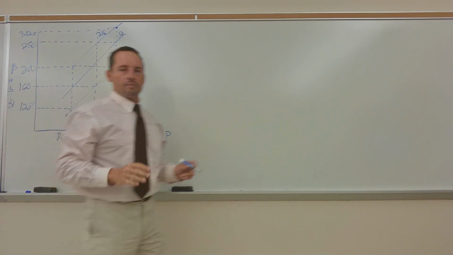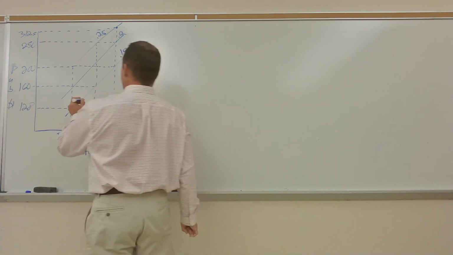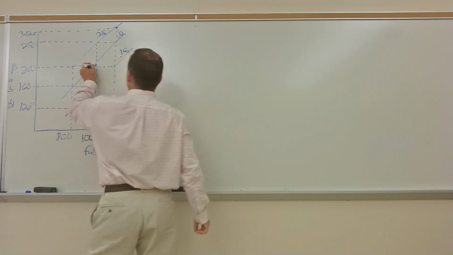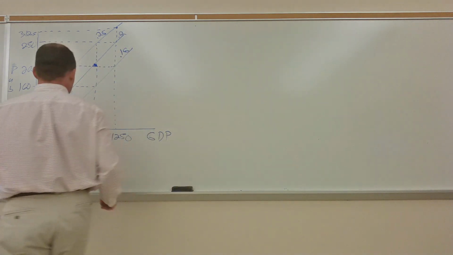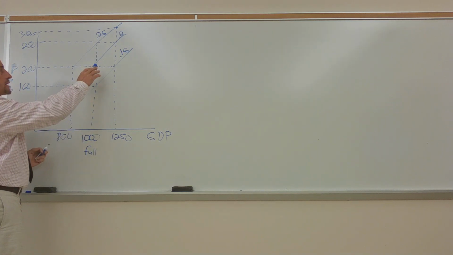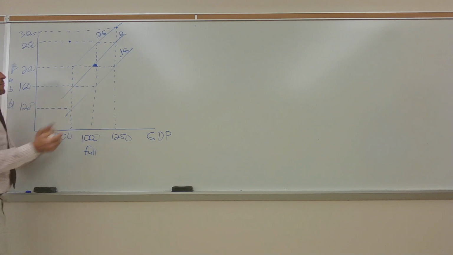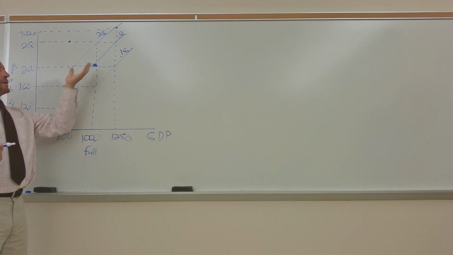Okay. Now, to keep the graph from getting too cluttered, the entitlements will be balanced here. So, full GDP, middle tax rate. At that point, the entitlements should equal the tax revenue.